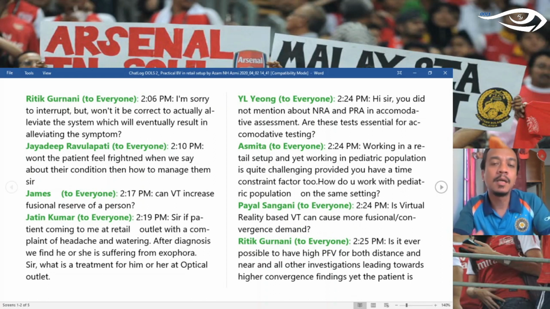What are the important pieces of information that I want to know first in the pediatric population? First and foremost is visual acuity, very critical and very important. Visual function to the highest is visual acuity. So visual acuity level as well as the type and the level of refractive error must be made known first. So I'll be focusing on these two components of vision first in the first visit.